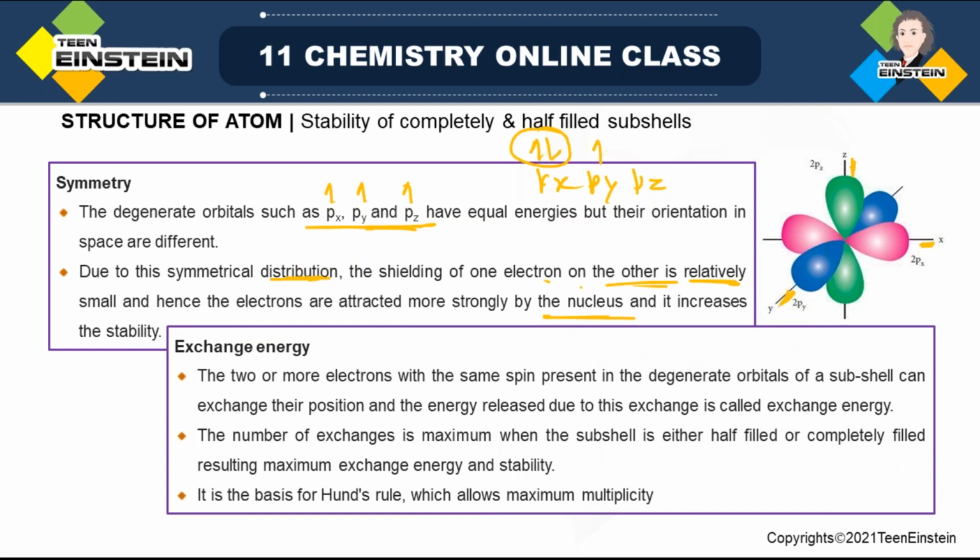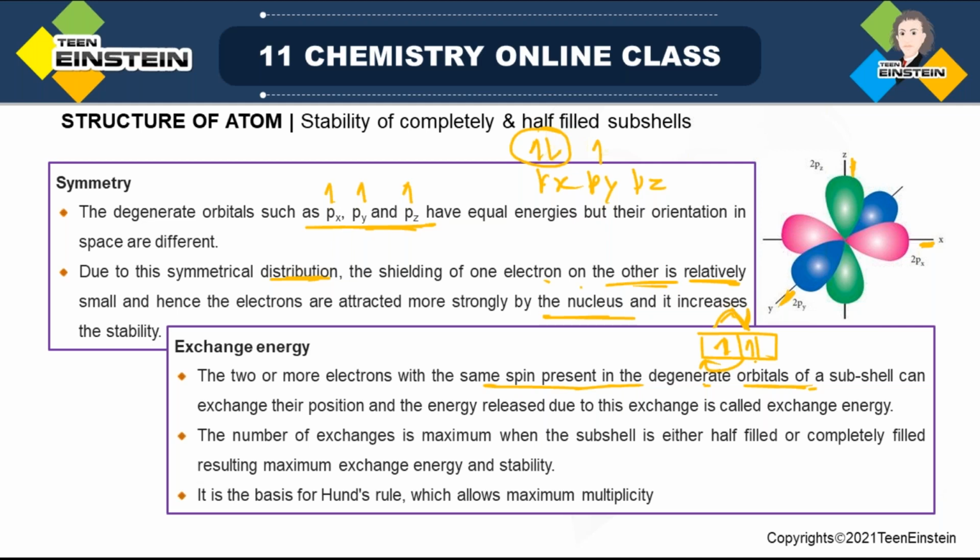Second reason, exchange energy. When there are two or more electrons with the same spin present in the degenerate orbitals, suppose you have carbon, these are two electrons with spin towards the same side, that means they are identical. Now this electron can go here, or the second electron can come here. They can exchange their places.